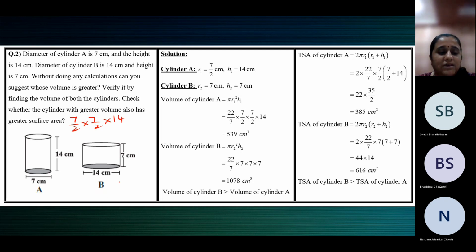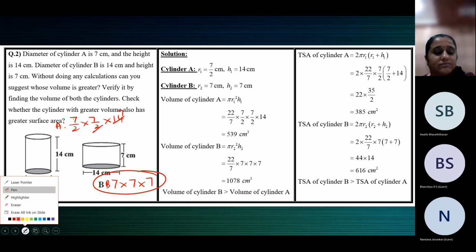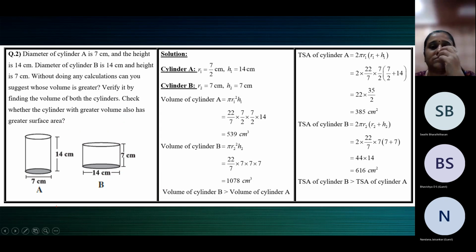For B, the radius is 7, so r square into h. When you simplify for A, 2 ones are 2, 2 sevens are 14, you get 7 into 7 into 7 by 2. B is 7 into 7 into 7. So obviously B has a greater volume. Am I clear, children?